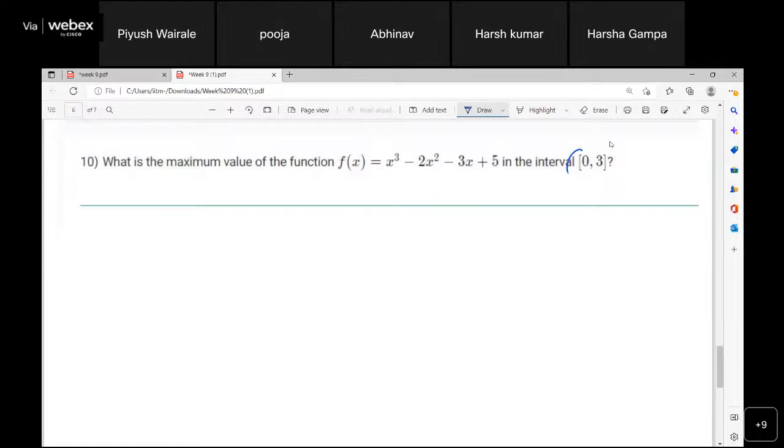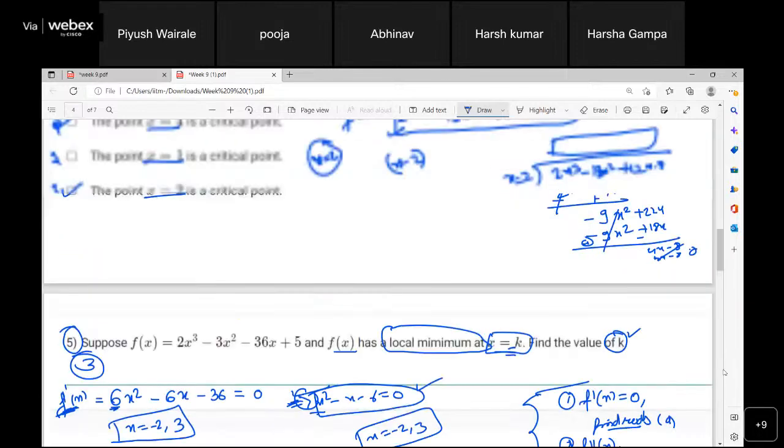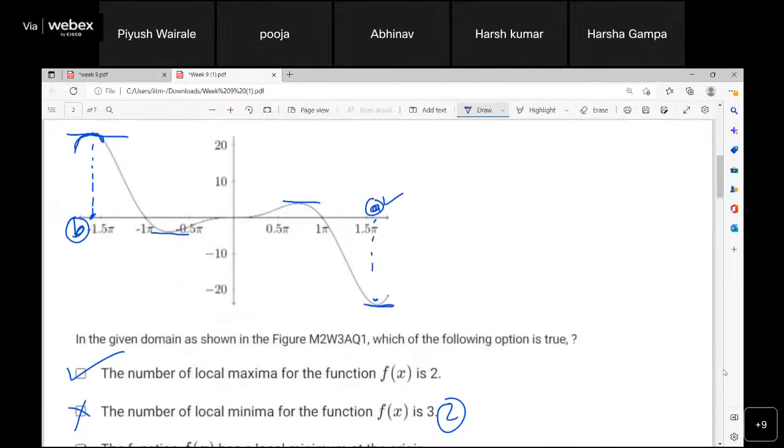Here I have given the closed interval, right? If I see this graph, I have two local maxima and two local minima here. Among all these local maxima and minima, which one is my maximum? At this particular point B, so I can say this is my global maxima also.